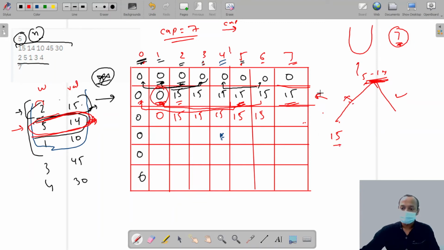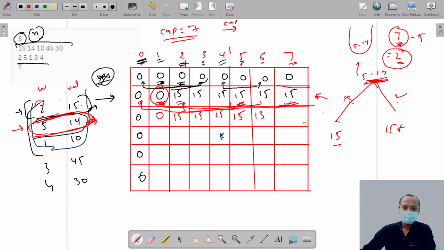Now if we put this item in our bag, the capacity is 2, because I have to subtract the weight of the item from our capacity: 7 minus 5 is 2. Now what is the value? We look at capacity 2.